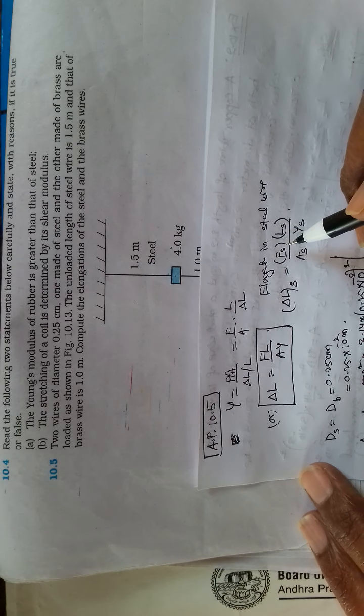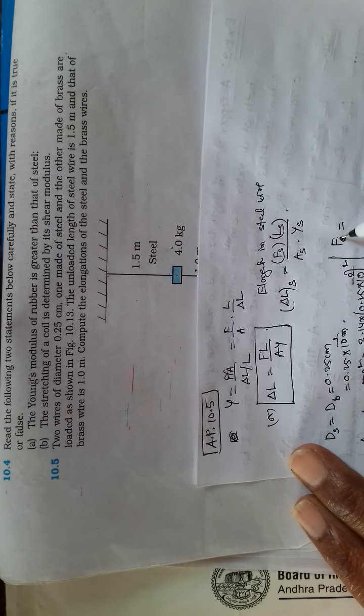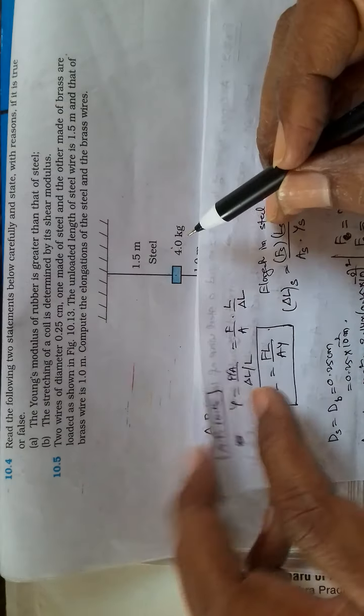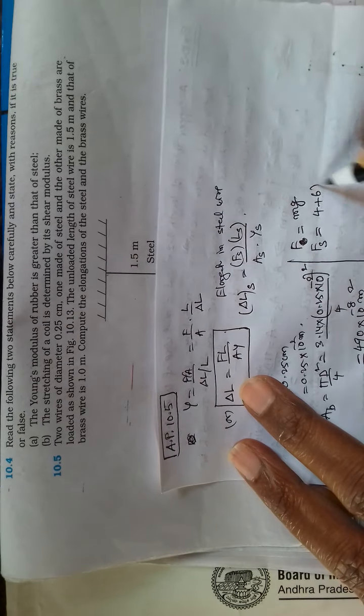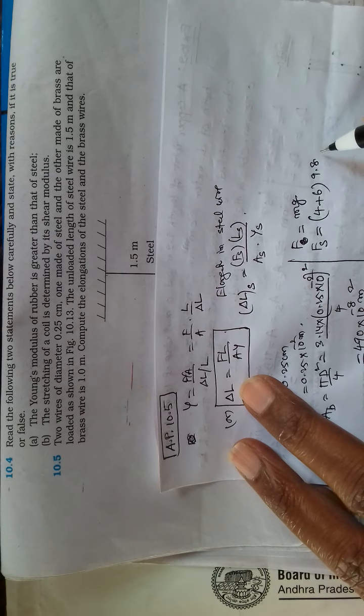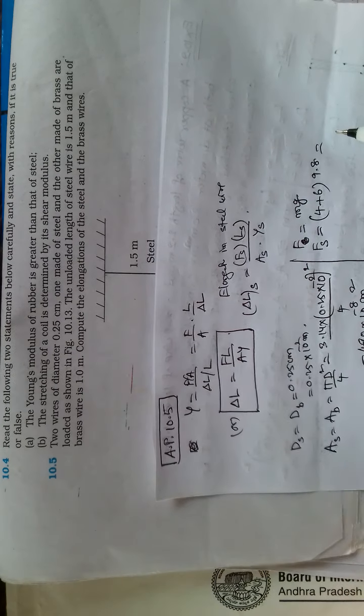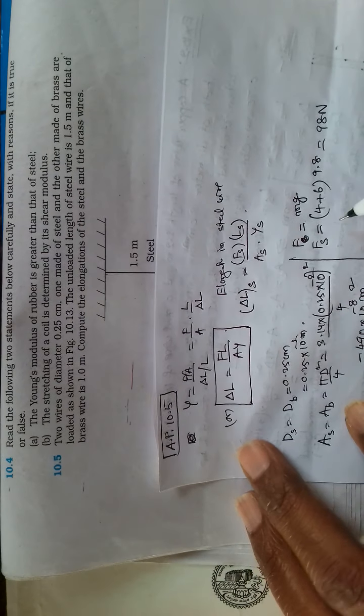Afterwards, load is actually F is equal to mg, and on steel wire here 4 kg mass and here 6 kg mass, so total 10 kg. 4 plus 6 multiplied by 9.8, so that is 98 newtons.